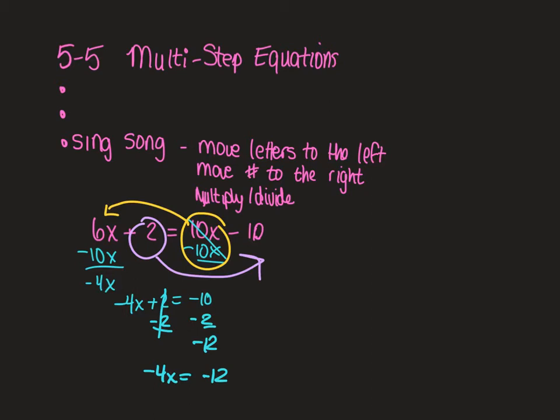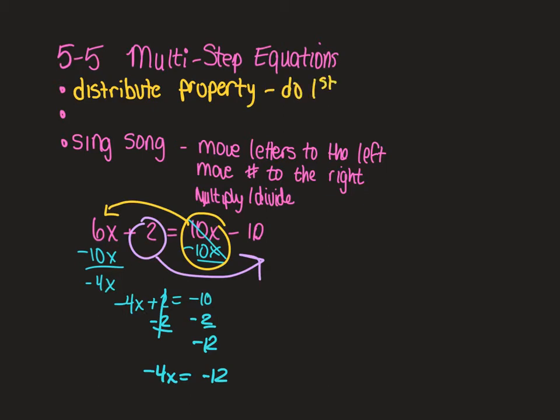But we're going to add some steps that you would do before you start singing those songs. So if you have any distributive properties, you're going to do distributive properties first. So you get a car, you get a car. If you see any of those, do those as your very first step.